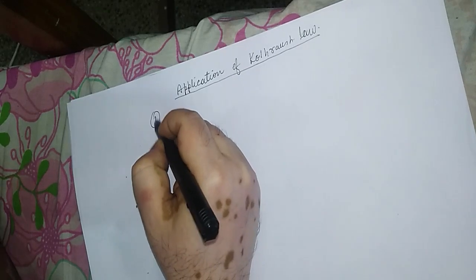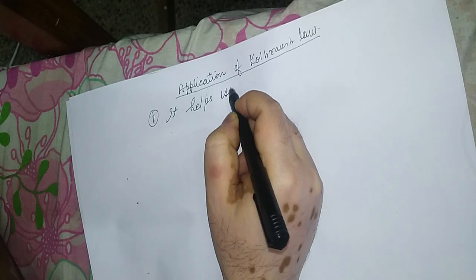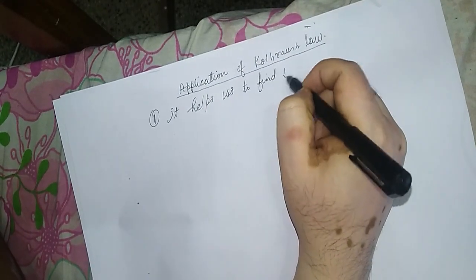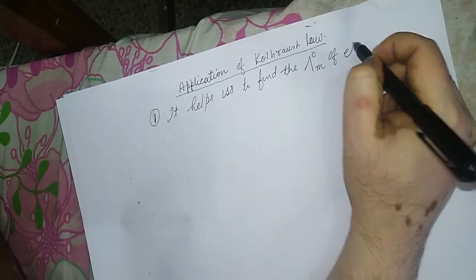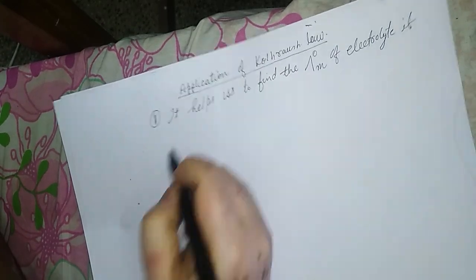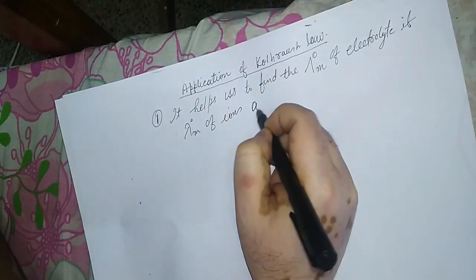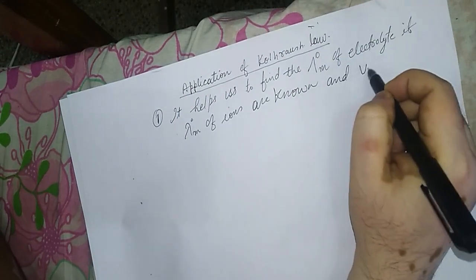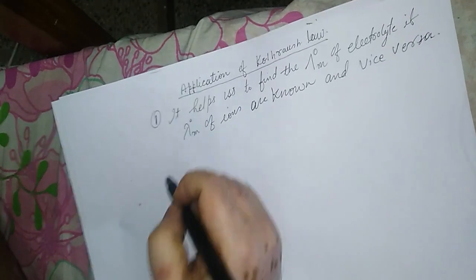First, we had seen it helps us to find the molar conductivity of an electrolyte if the individual molar conductivities of ions are known, and vice versa. This we have seen in the previous numericals which we had solved.